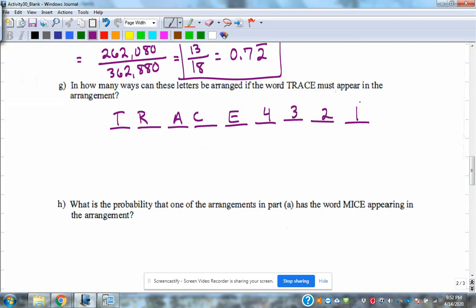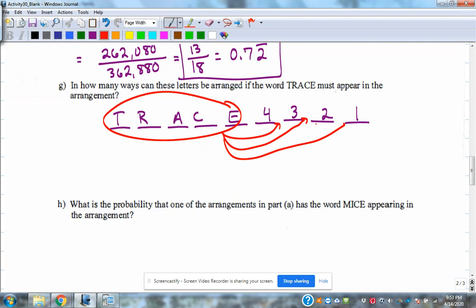But here's the problem: trace could be at the beginning or it could be in between the four choices, in between the first letter and the next letter that's not in the word trace. Or it could be there, or it could be there, or it could be at the very end. So that's 1, 2, 3, 4, 5 extra places that it could be in there.